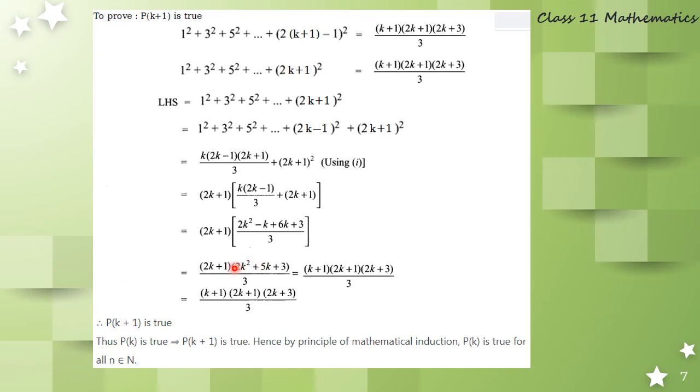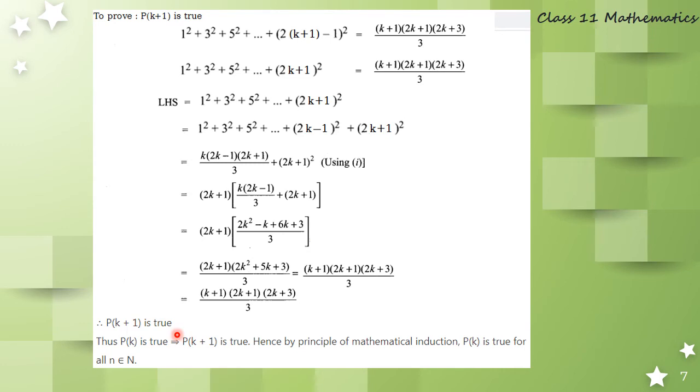Therefore this is equal to k plus 1 into 2k plus 3. So the last line, k plus 1, 2k plus 1, then 2k plus 3 by 3. Hence we get the right hand side. So P of k plus 1 is true.